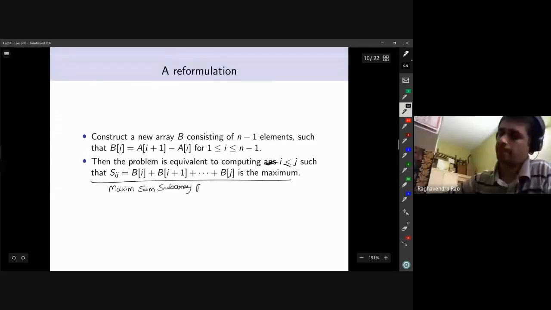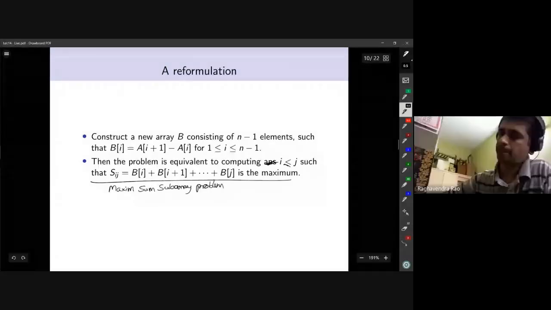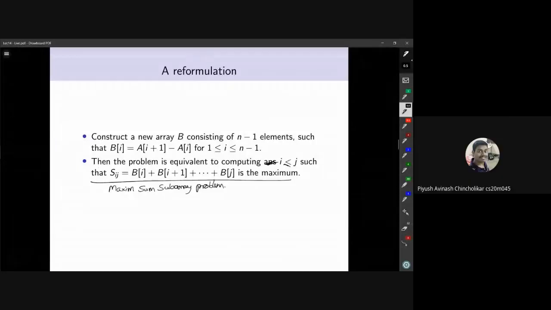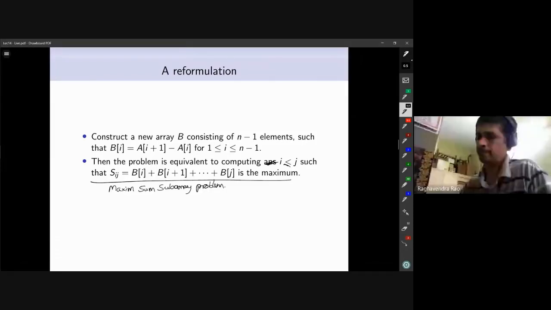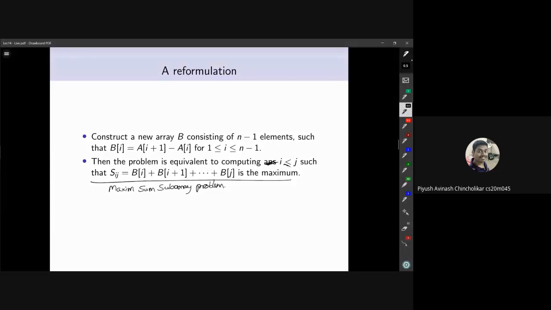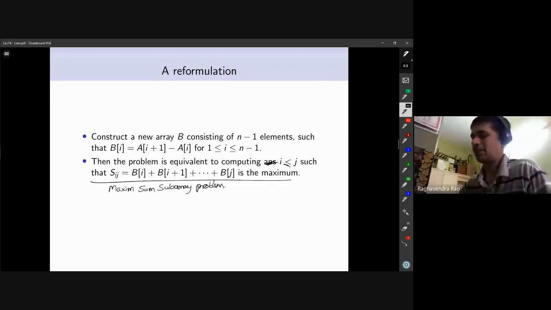Yes. So, sir, I have a doubt. Initially we were doing only one operation, that is subtraction, and now we are doing multiple operations. How will it be useful? That's a very good point. When you say multiple operations, we are only doing addition, right?